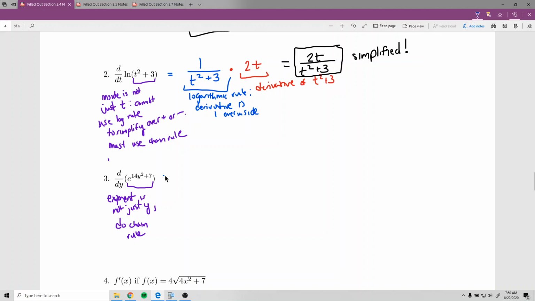Right, so exactly like before, we think about what's the derivative of e to the x? Well, it's itself. So we start with that. We just rewrite the function e to the x power, but instead of x, we have this exponent. So the exponential rule, derivative rule, the derivative is just itself.